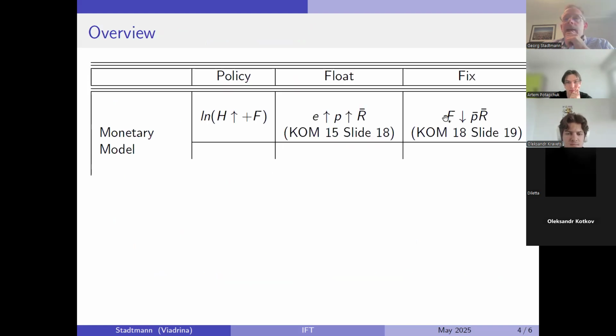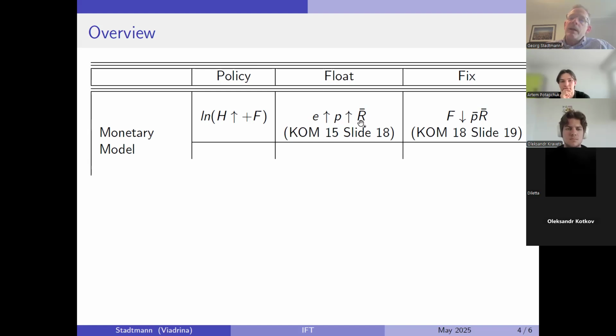Okay. Let's wrap up everything we learned. Monetary model, the policy. When the central bank increases the domestic component of money supply, so is printing money and is buying domestic bonds, we know how the shock is digested in a floating exchange rate system.